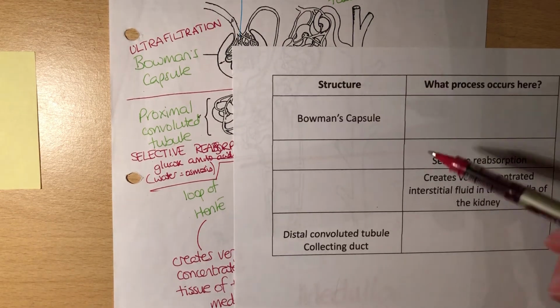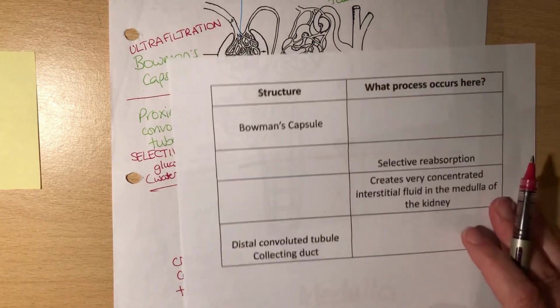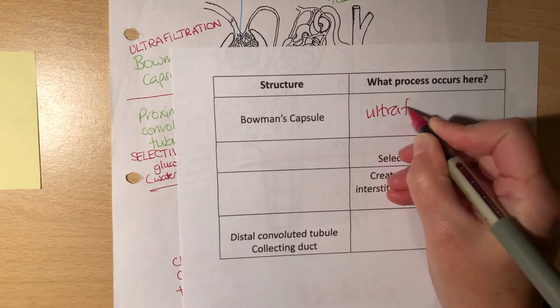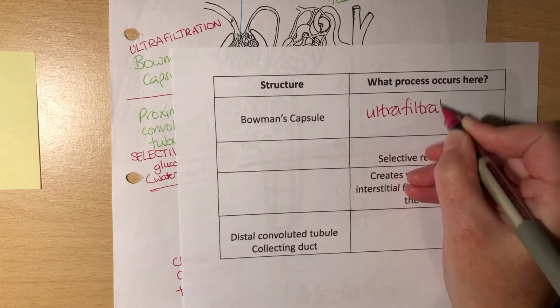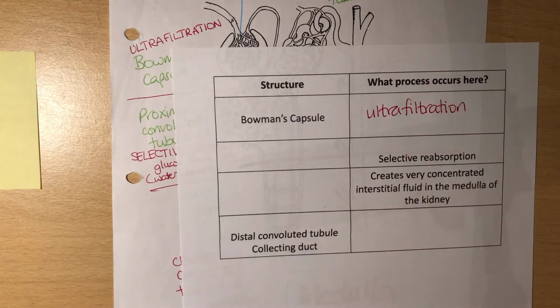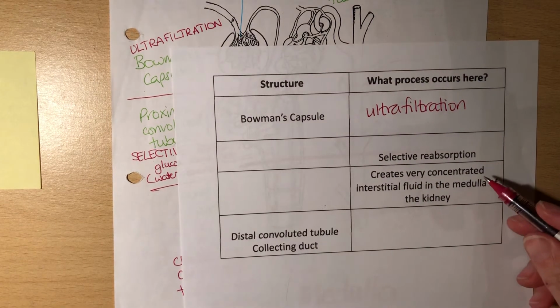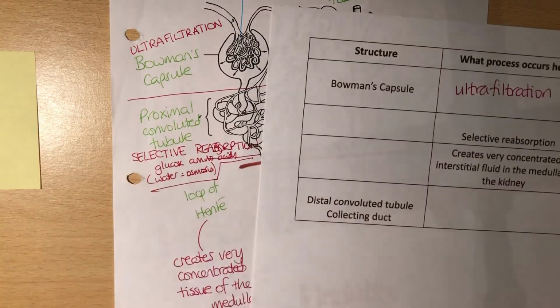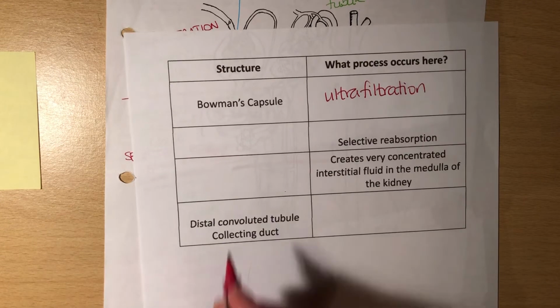So Bowman's capsule, what process? Well, we've said ultrafiltration. Okay. Where does selective reabsorption take place? Well, selective reabsorption takes place in the next bit, which is the proximal convoluted tubule.